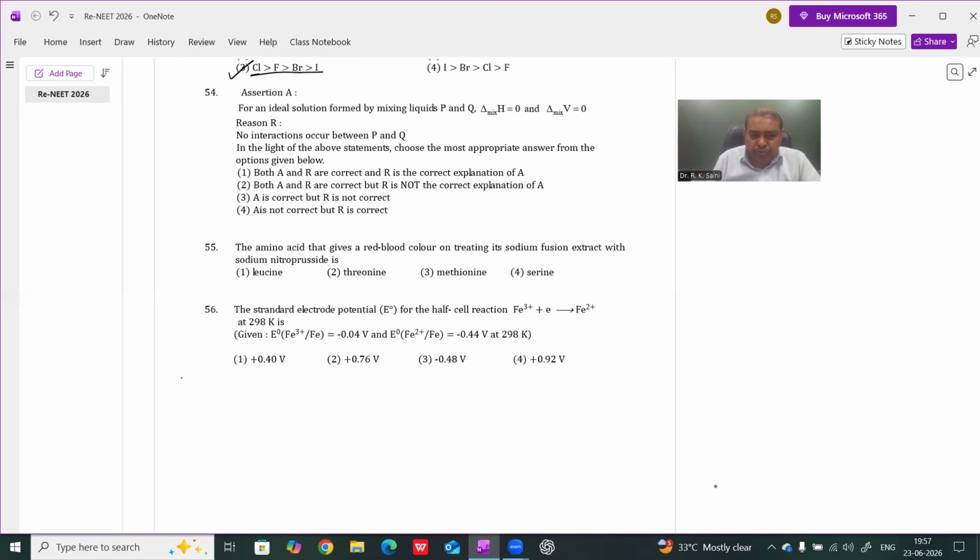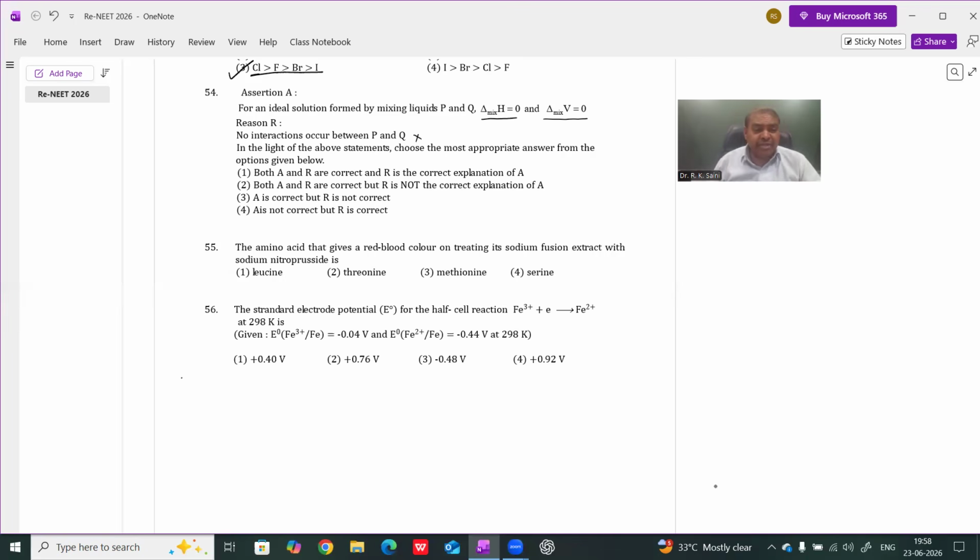Question 54 is taken from solutions. In case of an ideal solution of P and Q, enthalpy of mixing is 0 and volume change on mixing is 0. Regarding the correct statement, 'No interaction occurs between P and Q' is incorrect. Attraction takes place between the components, but the magnitude of attraction is the same or similar to that in the pure form of the components, and such solutions are known as ideal.